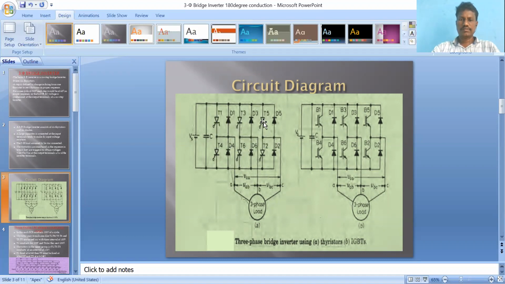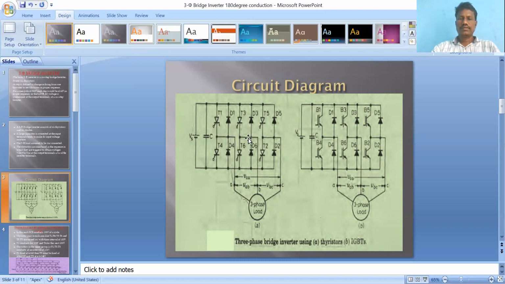The third limb consists of T5, T2. The odd numbers are T1, T3, T5, and the even numbers are T2, T6, T4. Remember that.